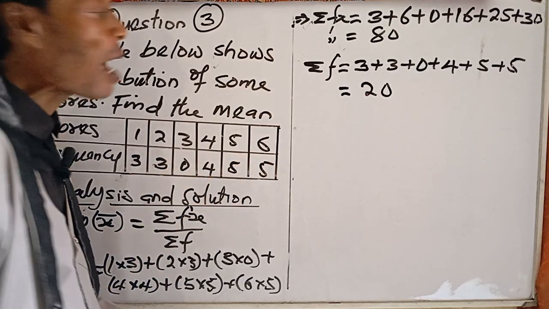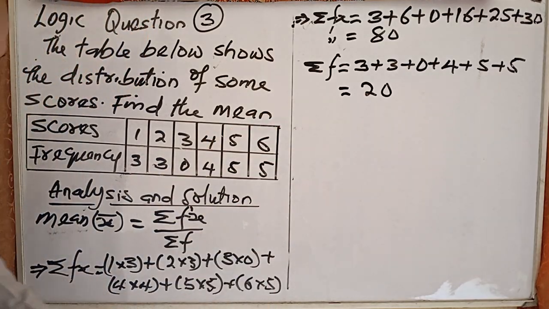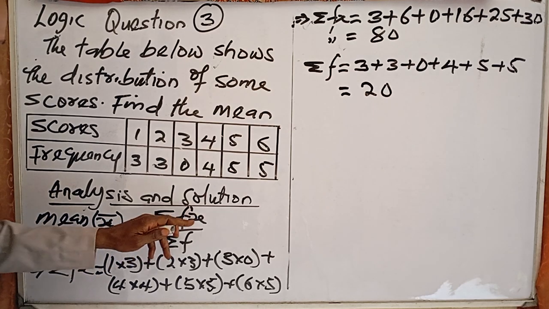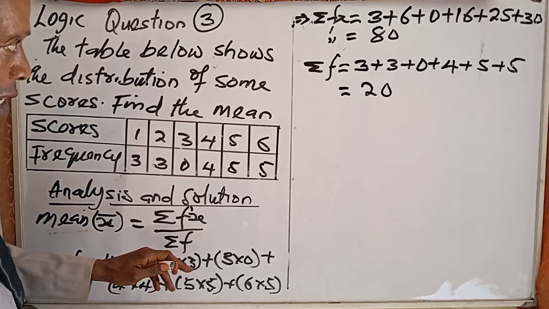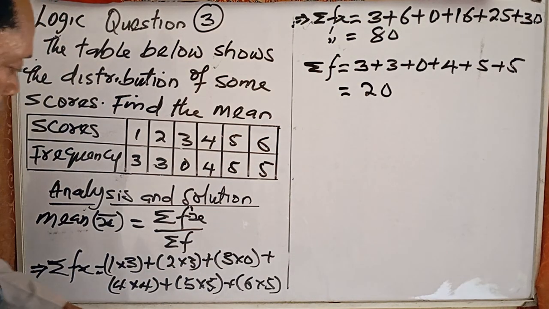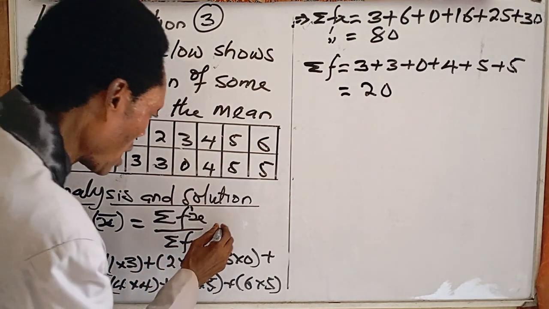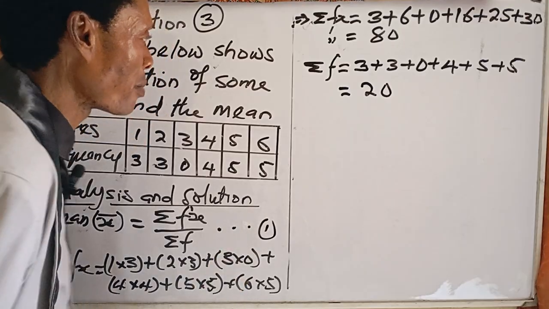Now that we've gotten the sum of the products, which is the numerator, and we have also gotten the sum of the frequency, we can now apply it on equation 1, which is the mean.